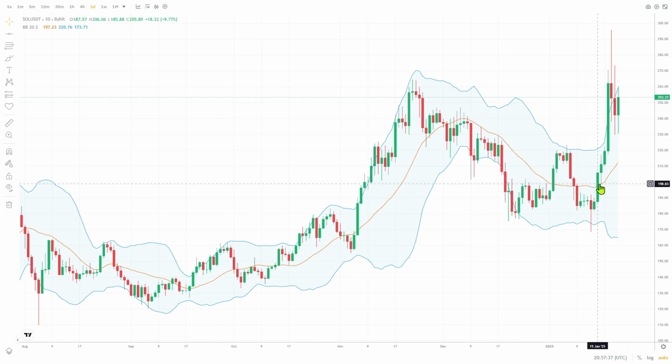So this line is like the average of the price of the coin every day. Right now we can see that the current price is far higher than the average. So that's about the middle line.